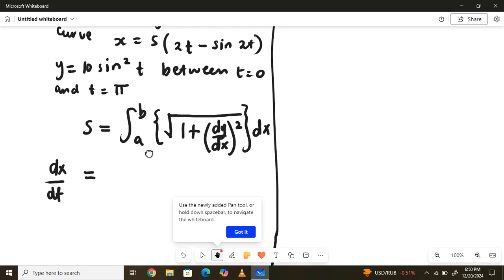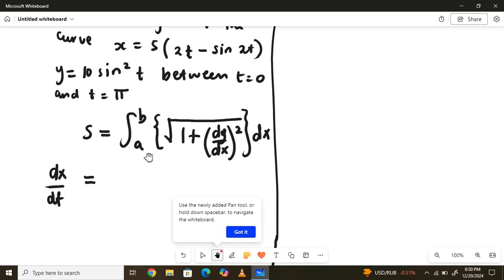So to differentiate our value of x, we're going to have 10 into 1 minus cos 2t, because when you differentiate t it gives you 1.